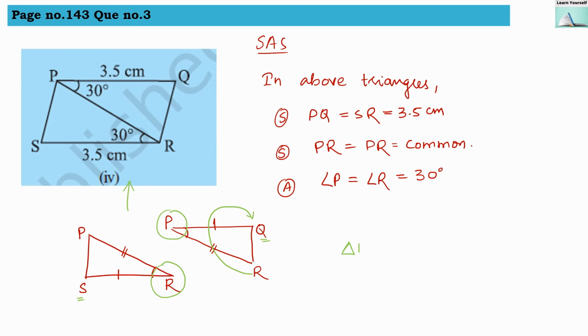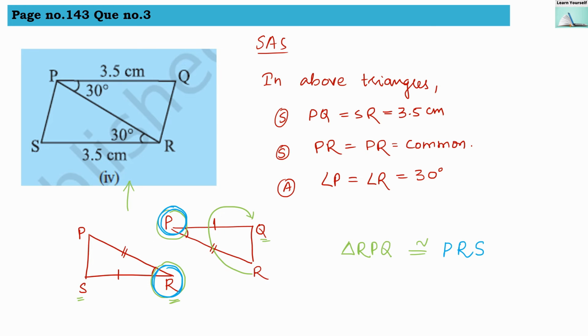So first we are writing RPQ for this triangle. It is in congruence with. Now this P from the first triangle is in congruence with this R. So wherever the P is there, R has to come, and wherever the R is there, P has to come. And wherever the Q is there, S has to come.